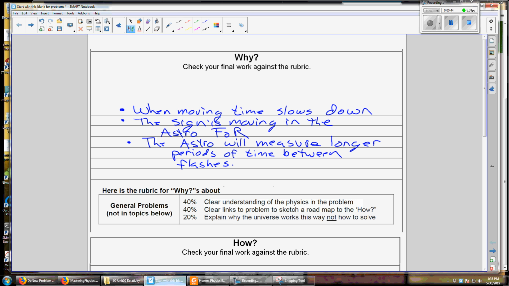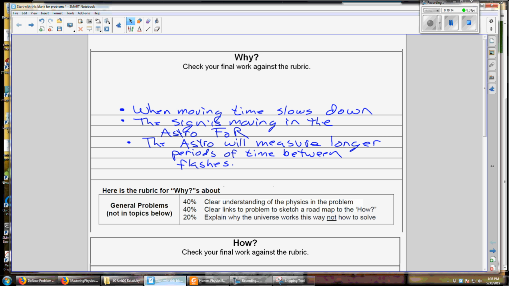So the astronaut is going to measure longer periods of time between flashes. Is that true? Or shorter? The sign is moving towards them.